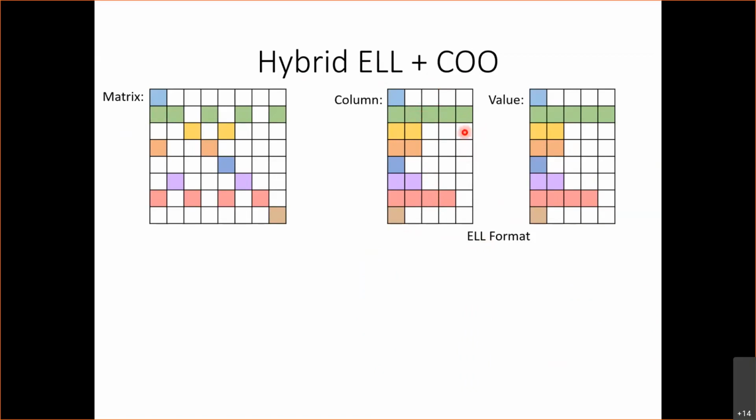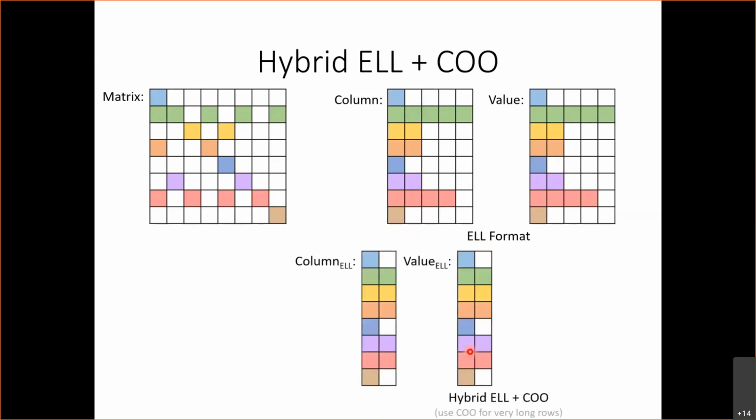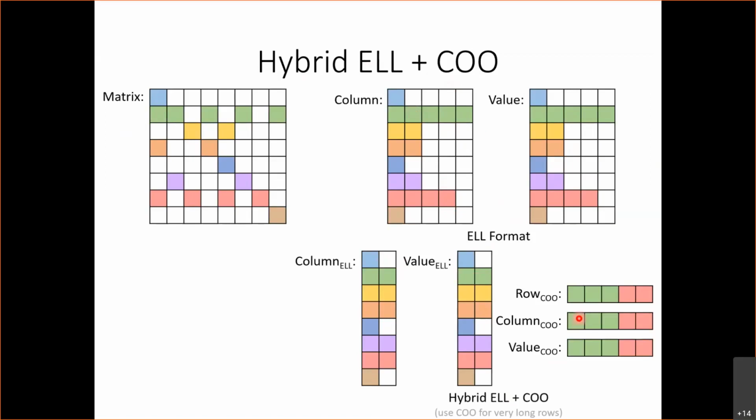So for example, here I observe that most of my rows have less than 2 elements. So I will have an ELL representation of the first 2 elements of each row. This helps me capture all the rows in ELL except for 2 of the rows. For these 2 remaining rows, I will represent their non-zeros using COO.